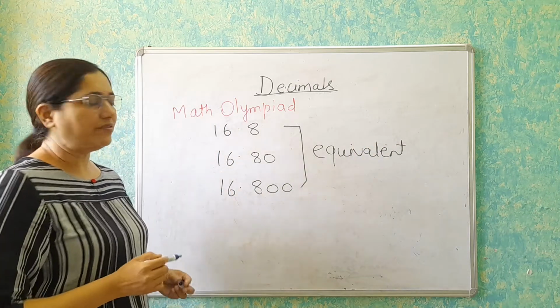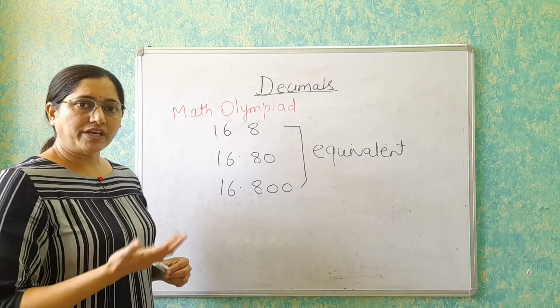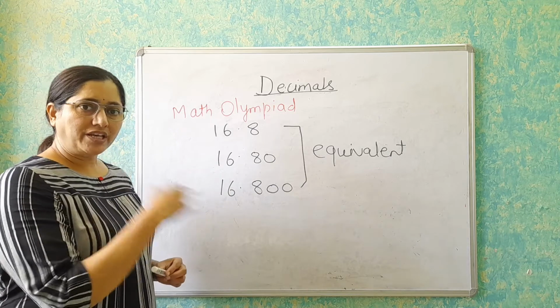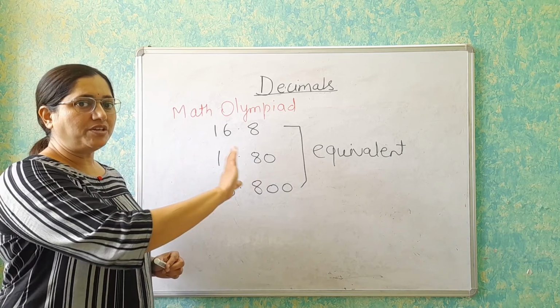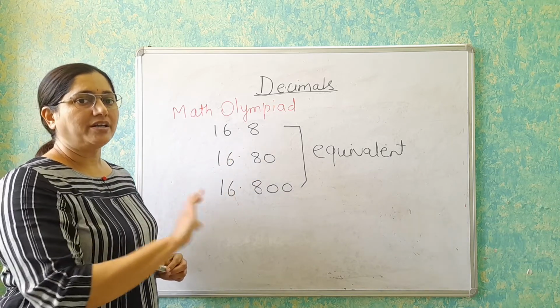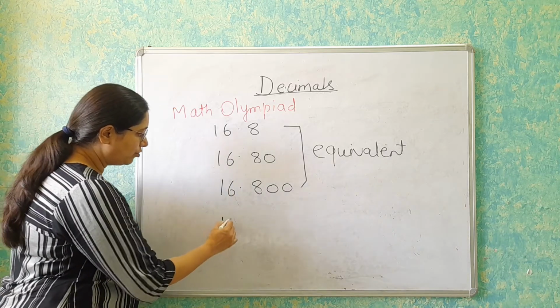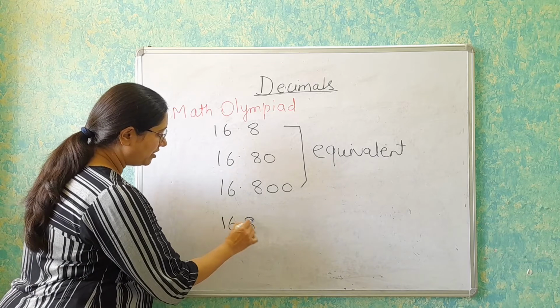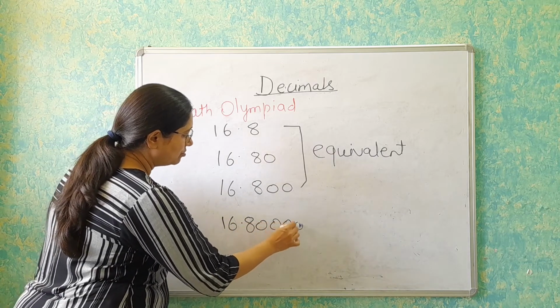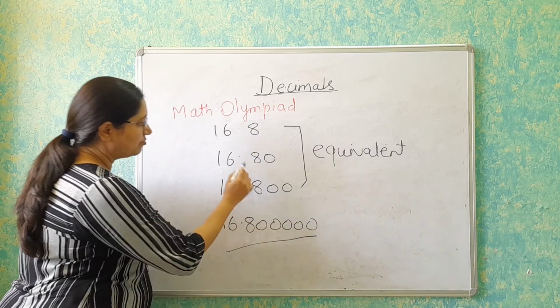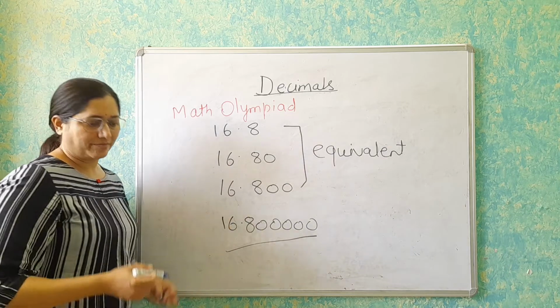So what can we conclude? We can put any number of 0s on the extreme right side of the decimal part. Still the number will remain the same. Even I can put more zeros: 16.800000. Still the number will remain the same.